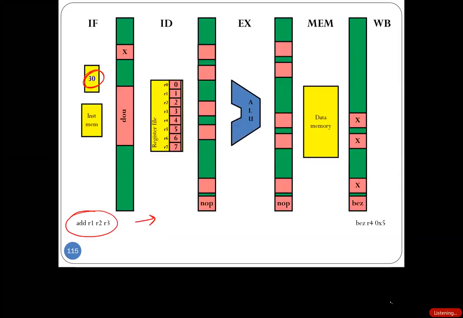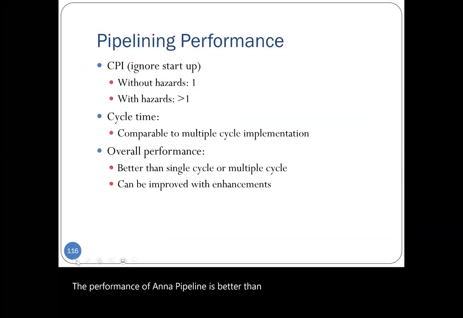Does that make sense? So the short answer here is the performance of pipeline implementation is better than both the single cycle architecture and the multi-cycle architecture. I hope that makes it clear that the performance of the pipeline is better than both the single cycle and the multi-cycle data path. And the good news is that this can actually be improved further.